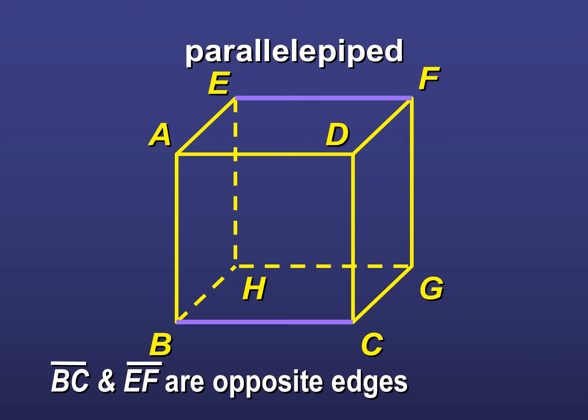Notice how they're on opposite faces. So BC is on face ABCD, and EF is on EFGH. And we know that ABCD and EFGH are opposite faces, which makes BC and EF opposite edges.